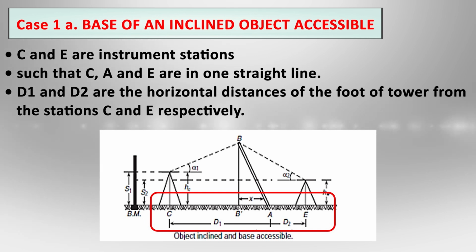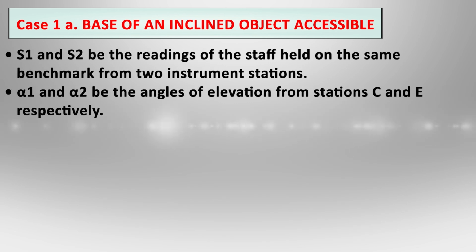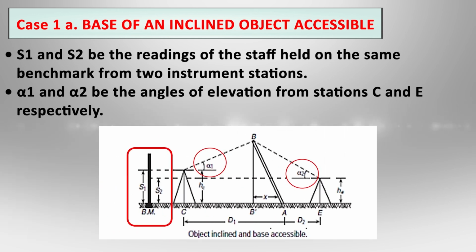Considering the figure, D1 and D2 are the horizontal distances of the foot of the tower from the stations C and E respectively. Let S1 and S2 be the staff readings held at the same benchmark from two instrument stations.